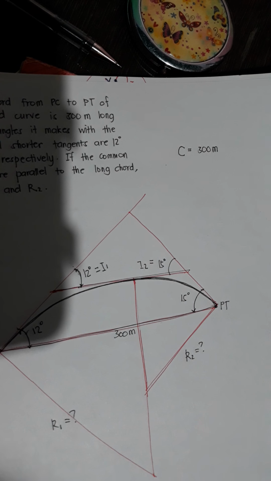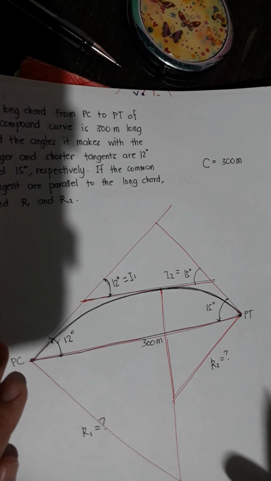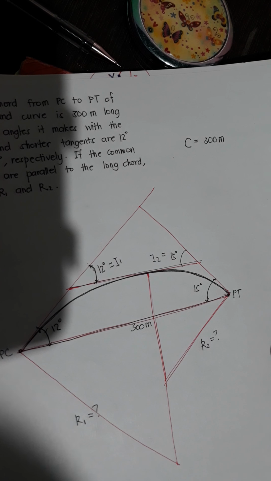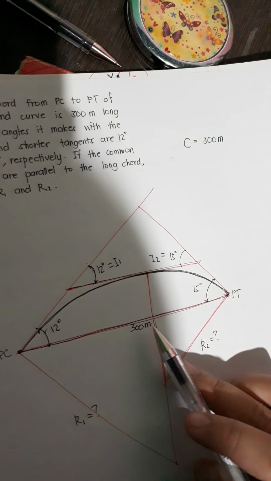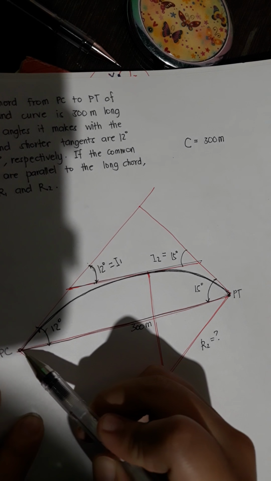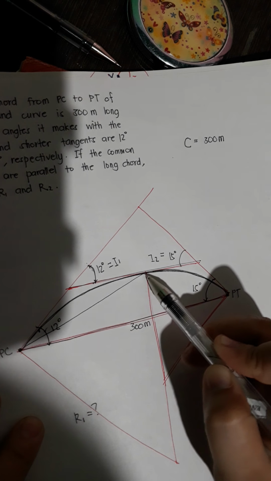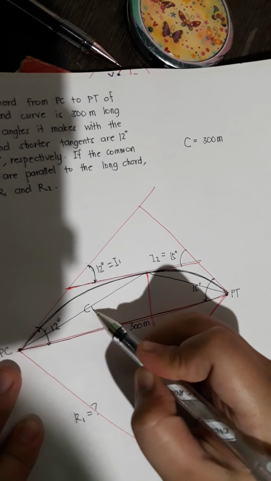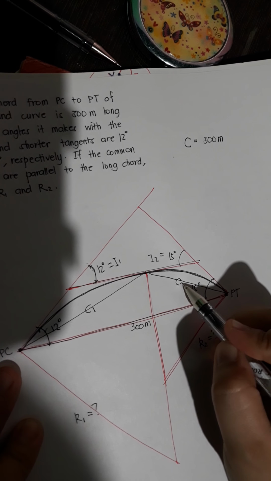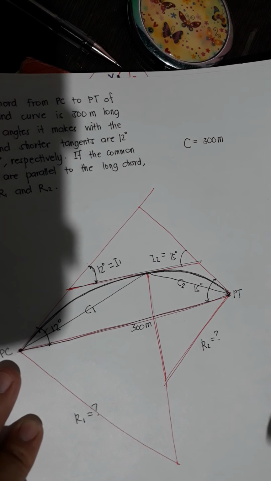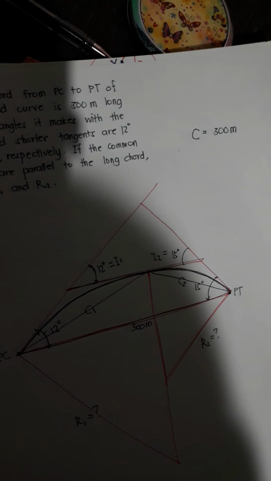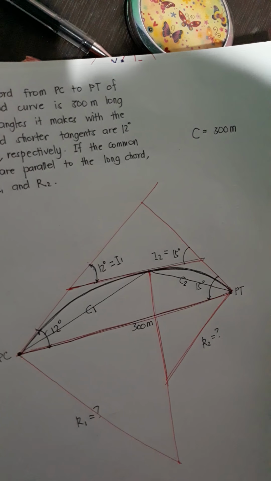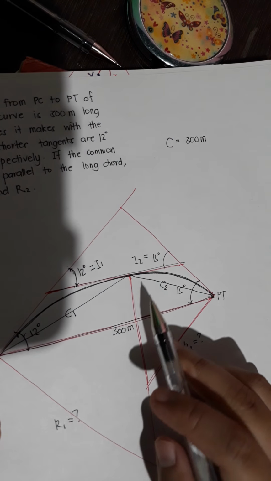So, what we could use here, since we have the long chord, we will also use the long chord of the individual simple curves. So, this is C1 and this is also C2.